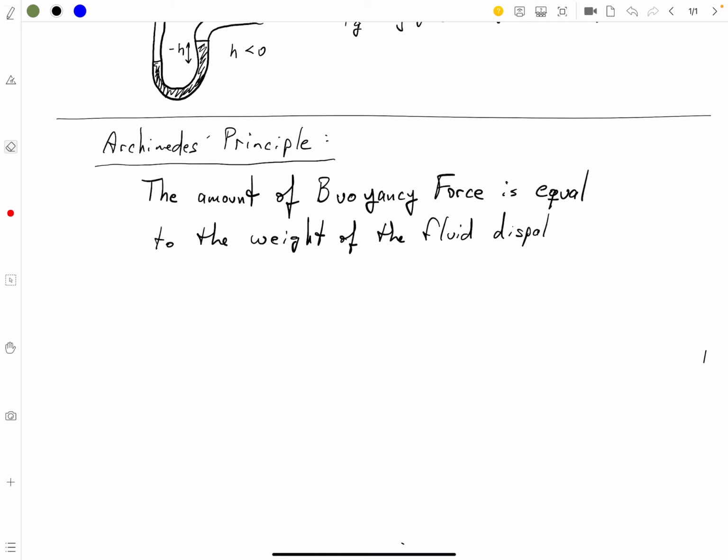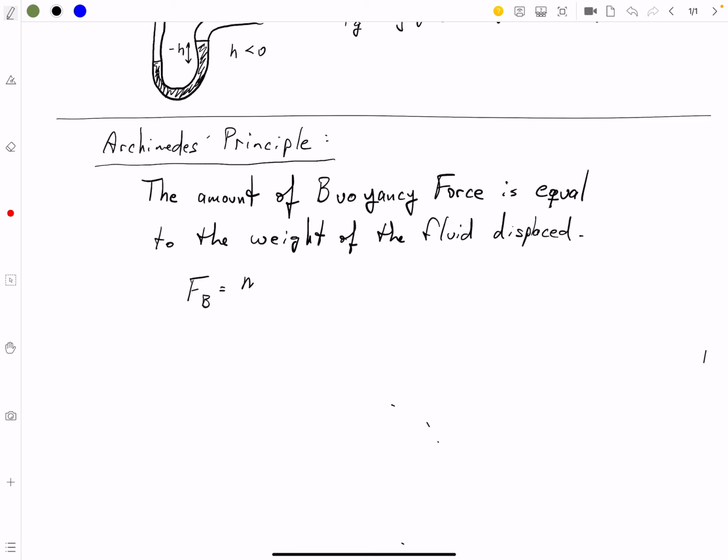And I almost made it through the whole sentence without messing up displaced. So our force buoyant is equal to the weight. I'm going to not do weight of fluid displaced.